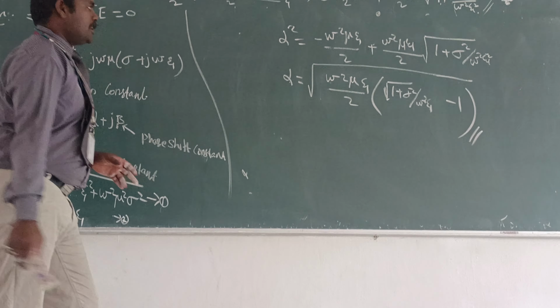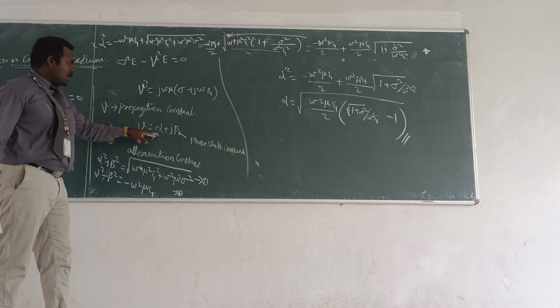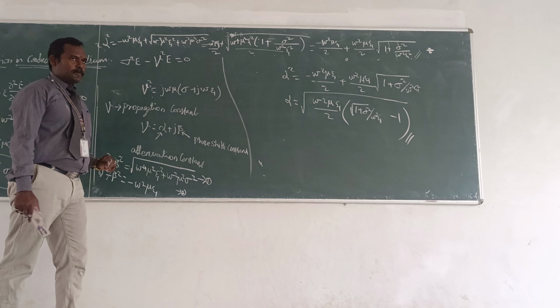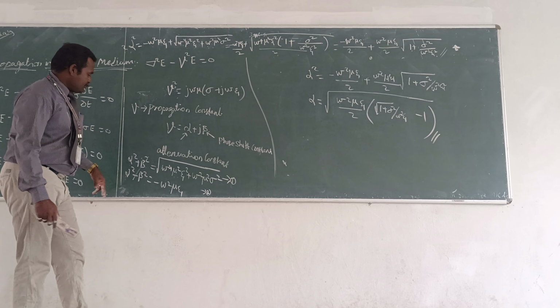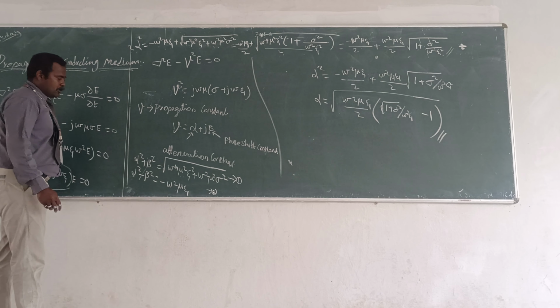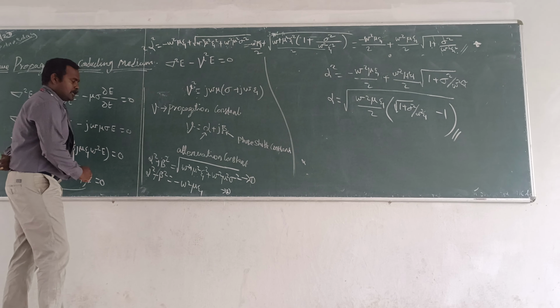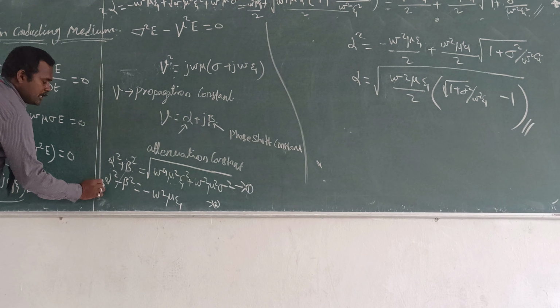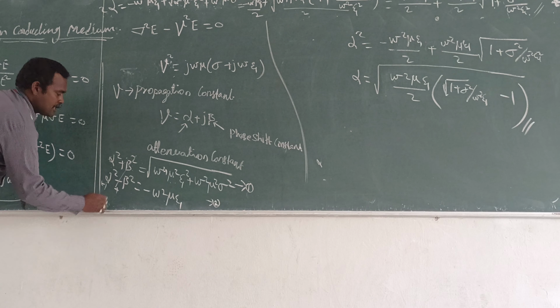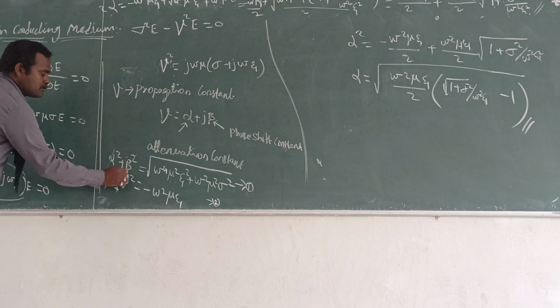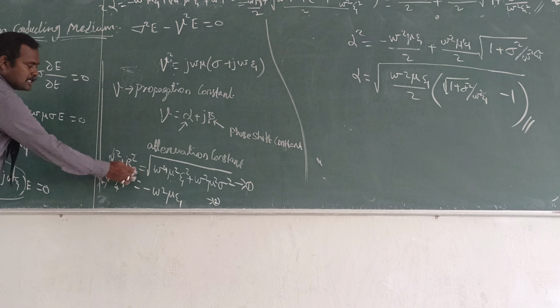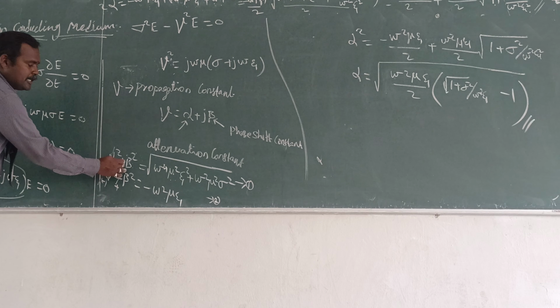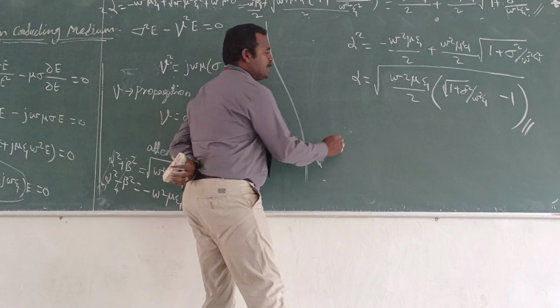Similarly, you found the alpha value, and similarly you can find the beta value. While finding the beta value, you can interchange the sign here, so that term gets eliminated. The same expression will come, but instead of alpha the beta will come.